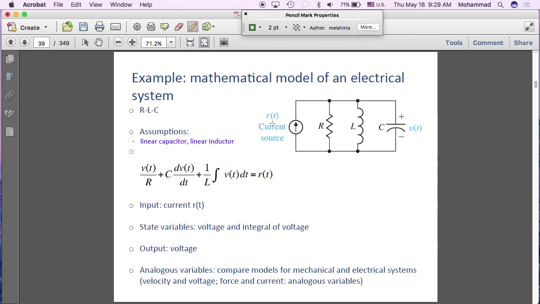So how will you get to the equation for this circuit?